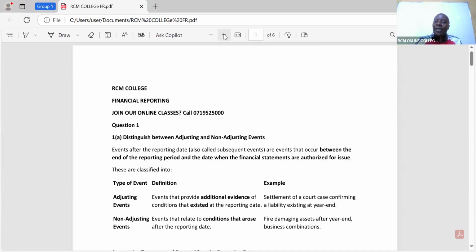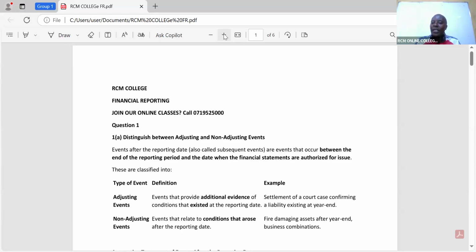Now, ladies and gentlemen, in my auditing world, normally what happens, like currently we are doing auditing for KMPDU, Kenya Medical Practitioners Dentist Union, right? These guys have done their financial statements for last year, for 2024.